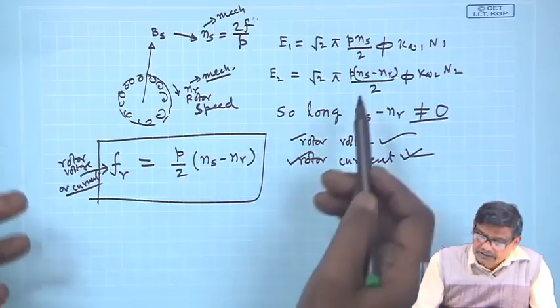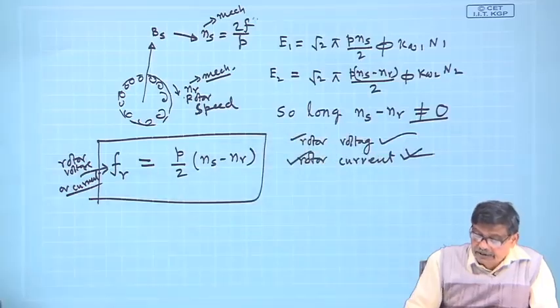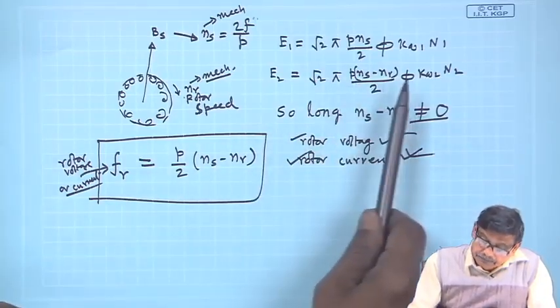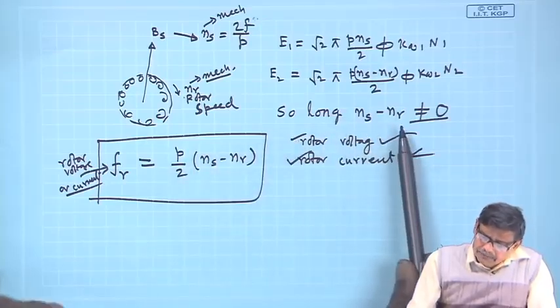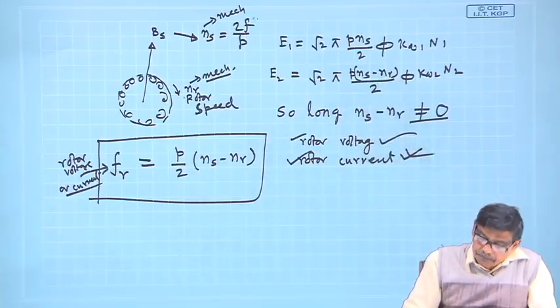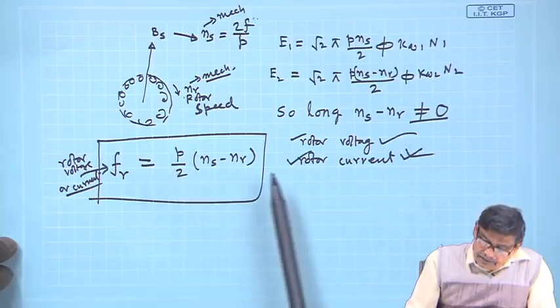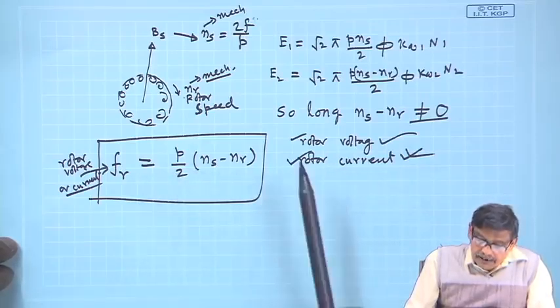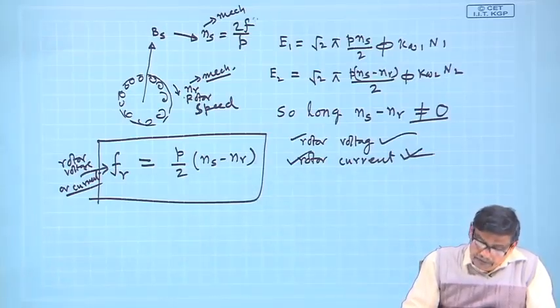At t equal to 0 plus nr was 0, but it will increase, so ns minus nr decreases, and so long as ns minus nr is not equal to 0, there will be rotor voltage and there will be rotor current, and if there is rotor current, there is bound to be a rotating field created by the rotor.